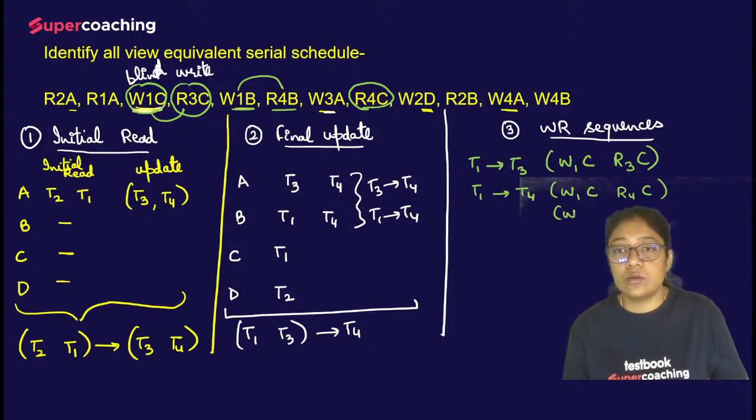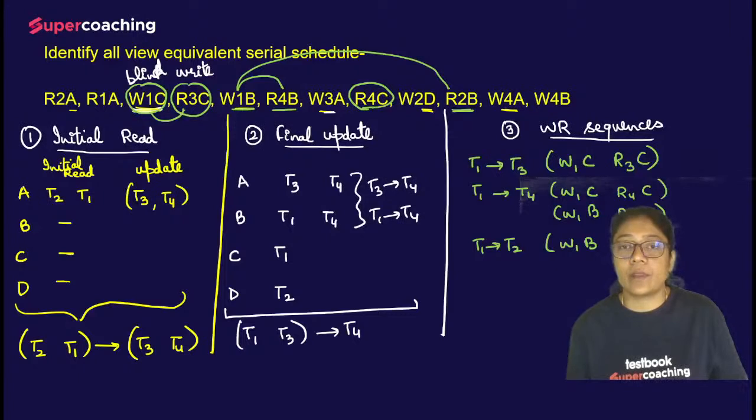This is also T1 to T4. So I'm not writing this again, R4 of B. Any other read operation on data item B? Yes. So it is T1 to T2. This we have got on the basis of W1B and R2B. Next, no other read operation on data item B.